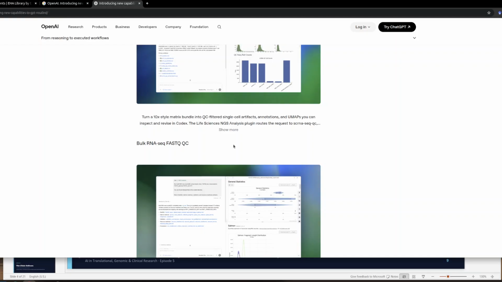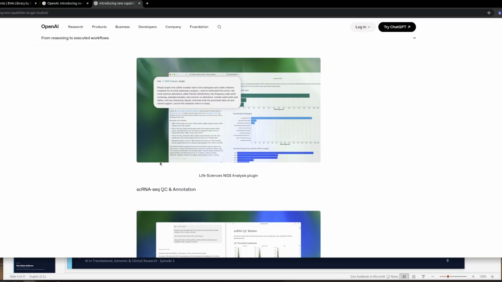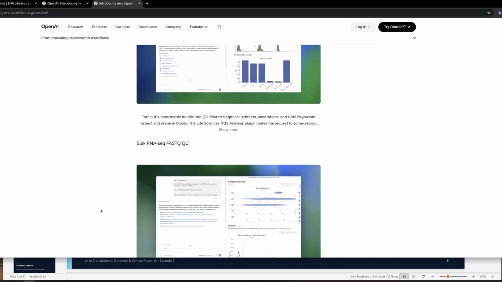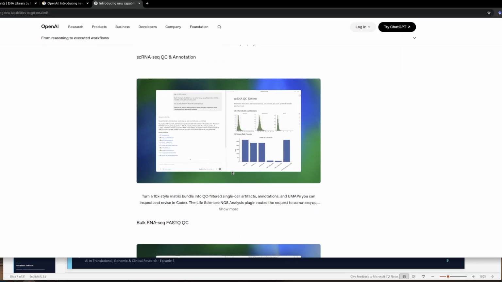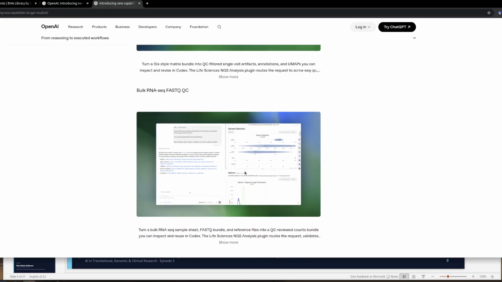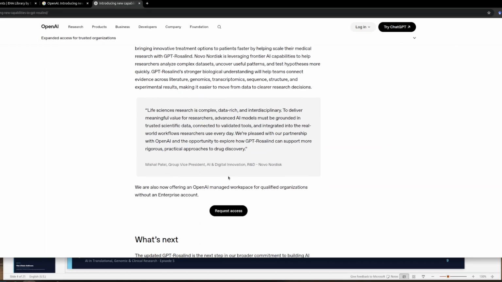I would welcome you to go through and check these things, because if you look in here, single cell QC annotation, this looks good. Actually, this looks good. FastQC, okay, there are tools for that. FastQC really works very well. We have been using it for many years, probably close to a decade. But if they say it's good, it's good.